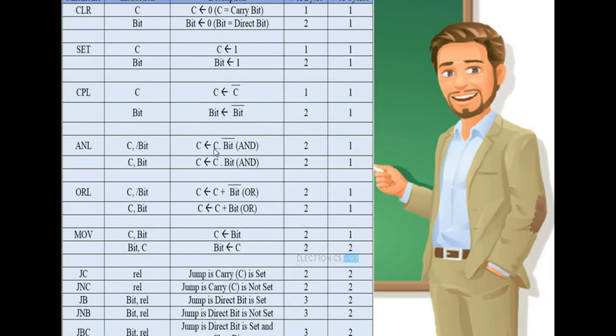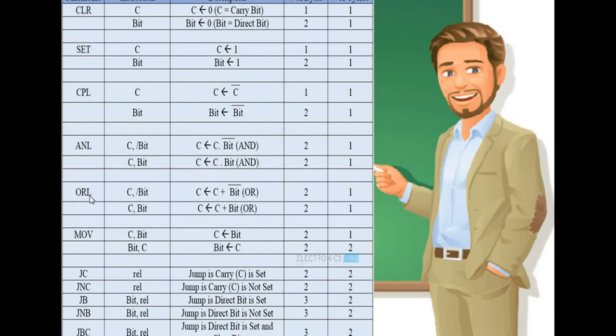See here, C AND complemented bit: whatever data is present in this bit, in complemented form or in normal form, will perform an AND operation with the carry.